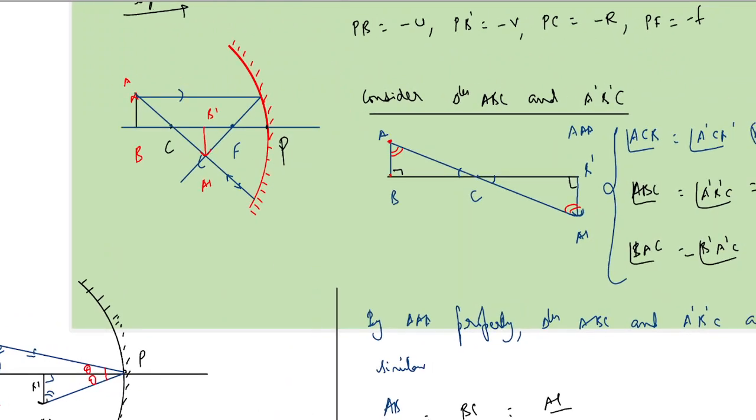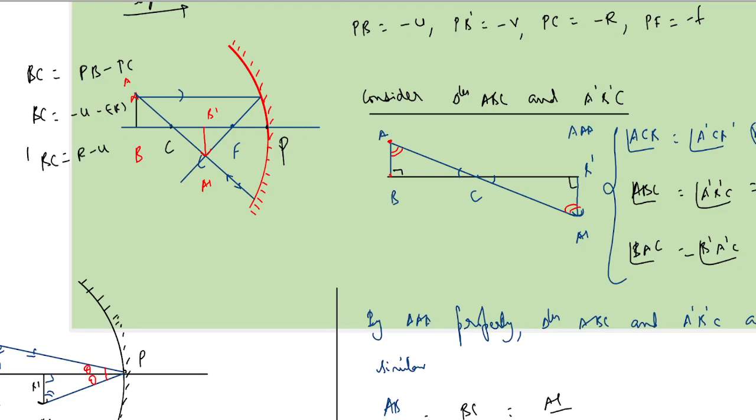Now from this, BC is equal to PB minus PC. PB was minus U and PC was minus R, so that becomes R minus U.